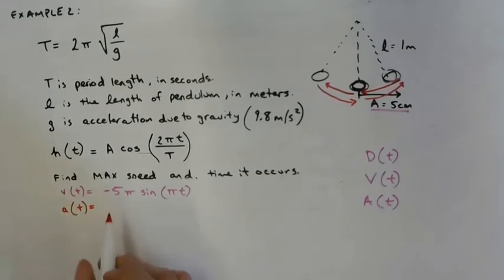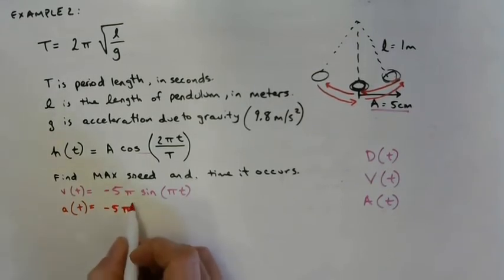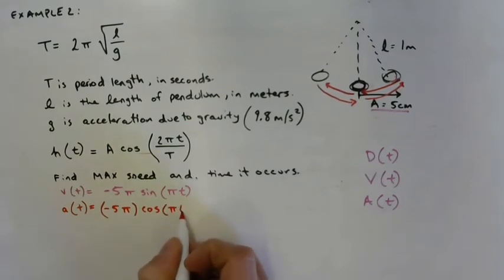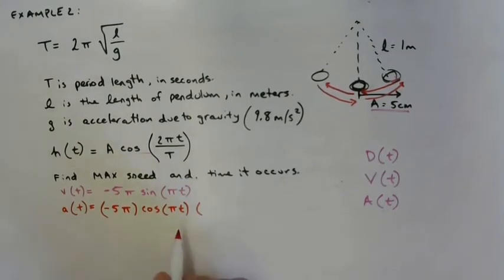So again, the second derivative of this thing, we've got negative 5 pi out front. I'm just going to bracket that to keep it organized. The derivative of sine is cosine. So we have the cosine of pi t. And then we're going to multiply by the derivative of the inside here, which is pi. So if we reduce this, I have 2 factors of pi.